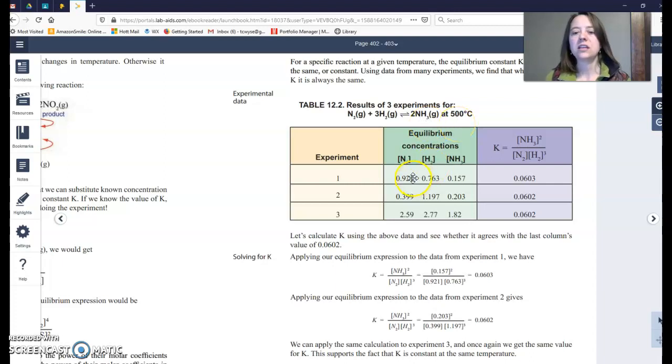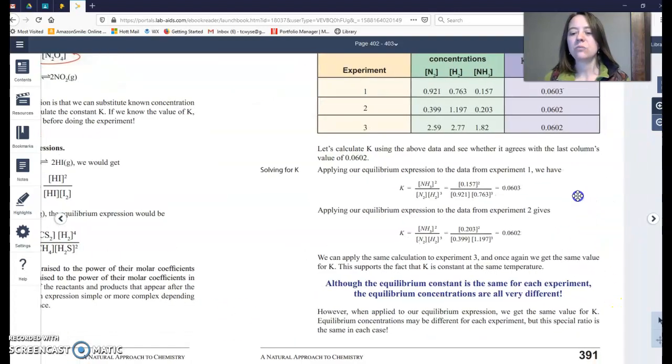You can see we have different concentrations of all of these different compounds. But when we do the math, our equilibrium constant, our K, all ends up to be about 0.0602. Because the constant is just that, it's constant, at equilibrium the ratio of the products to the reactants will always be the same.